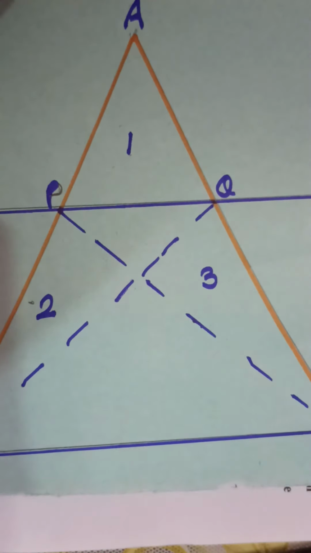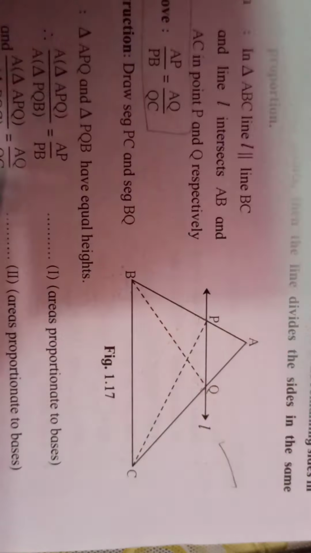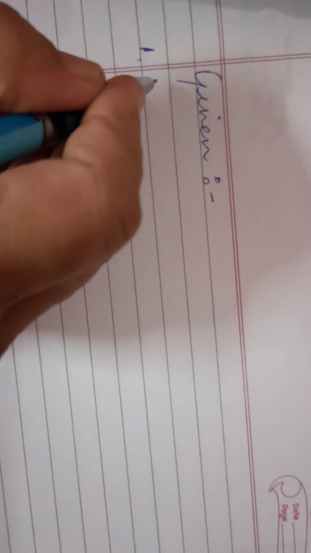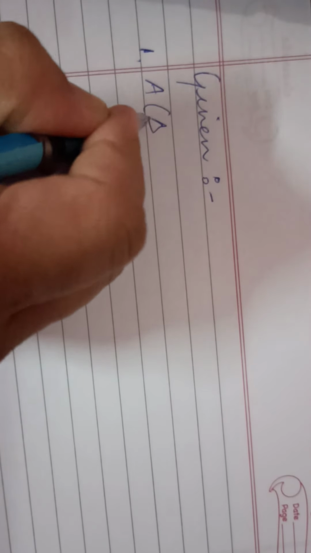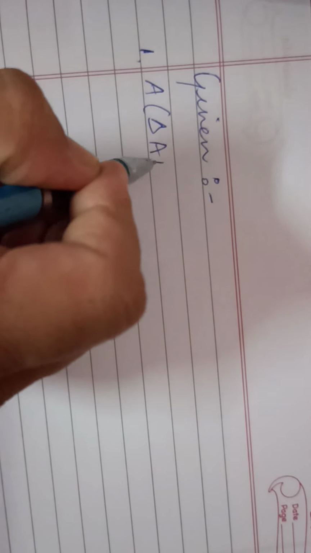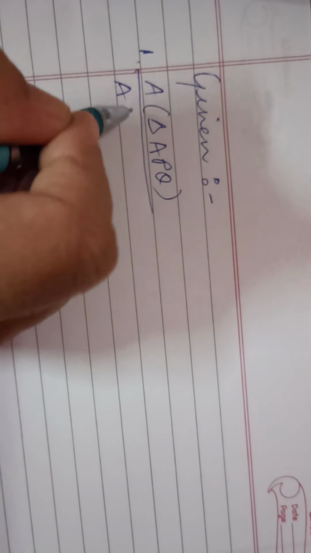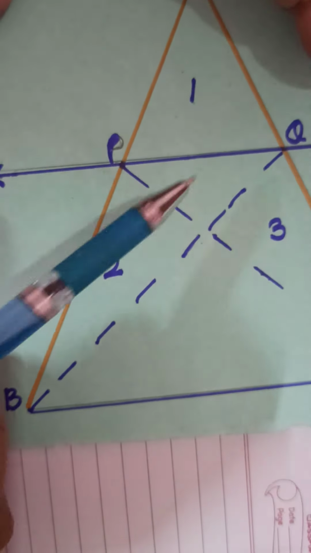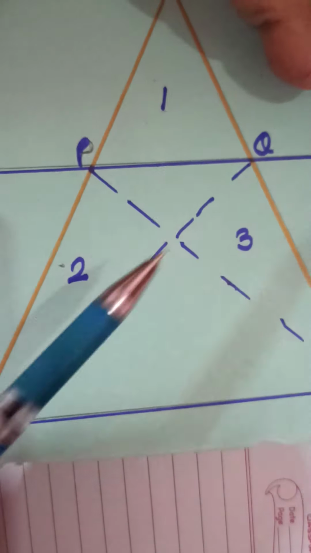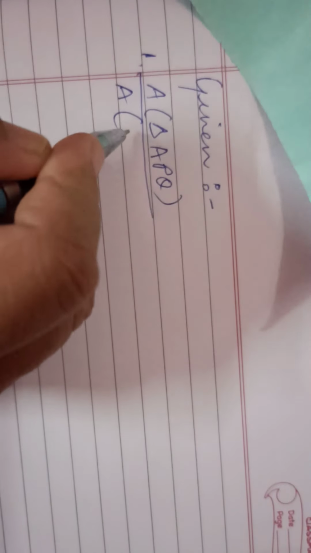So now let us try to write the ratio of the area of triangle APQ upon triangle PQB.